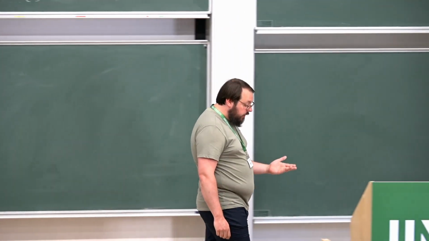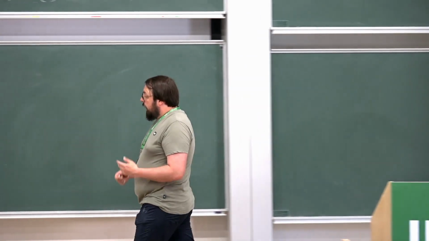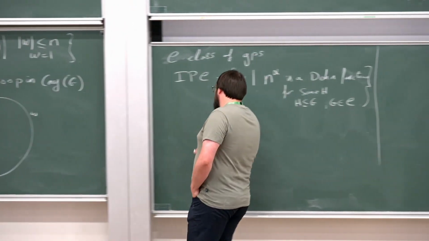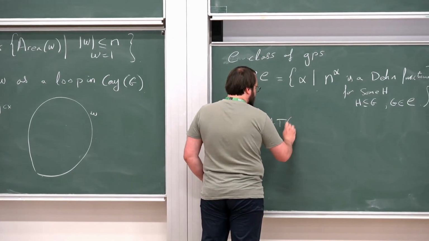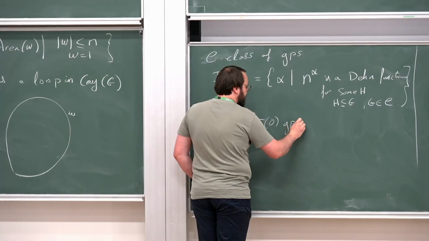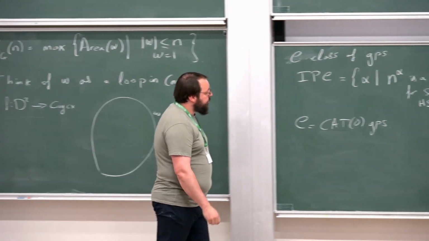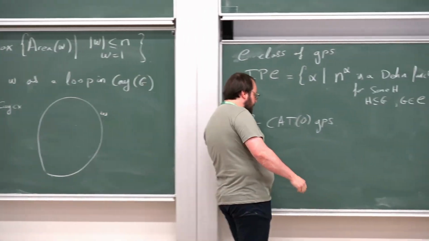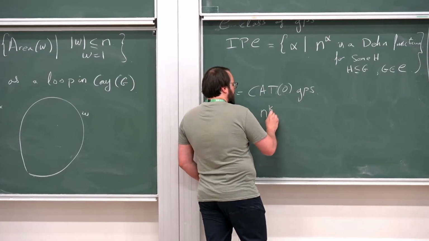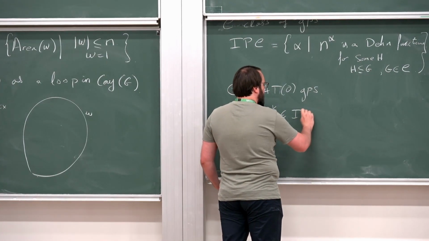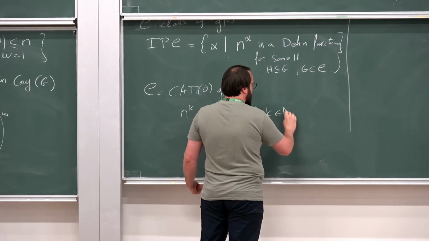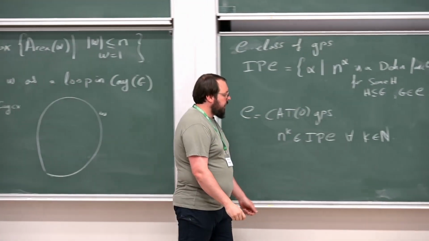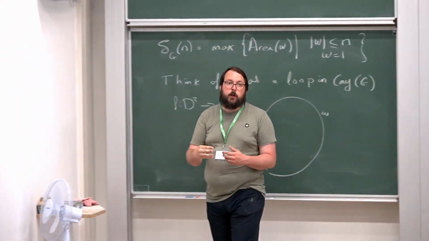Okay, and so for the class of CAT(0) groups, this has been really well studied, and you can get fairly surprising things. So I think n to the k is in the spectrum for all k in the natural numbers. So you can get arbitrarily high degree polynomials.